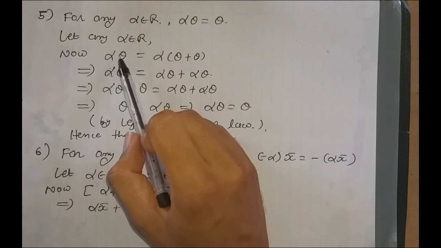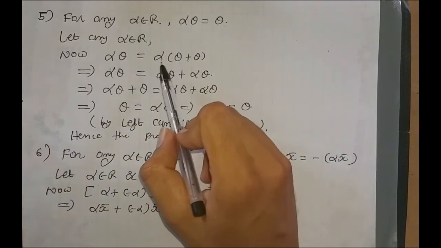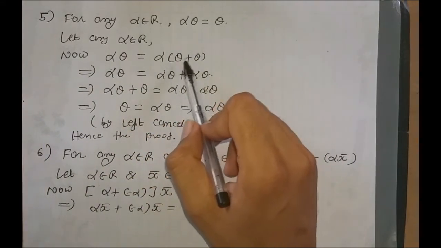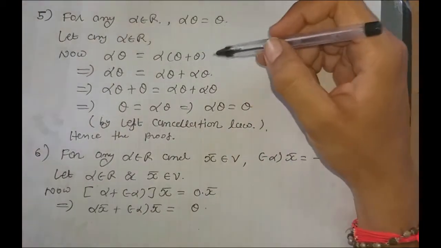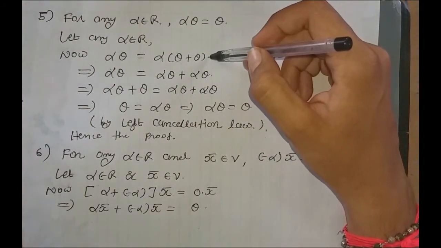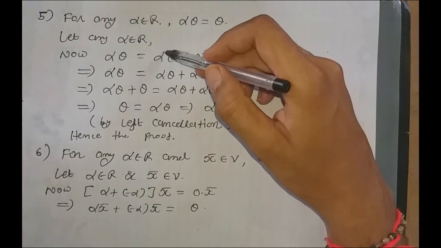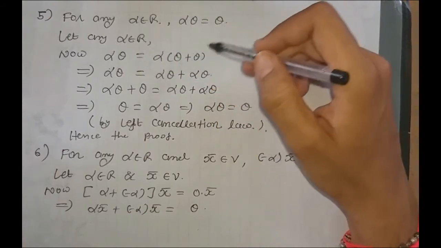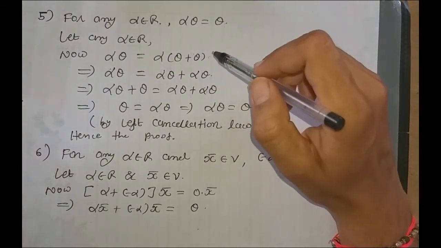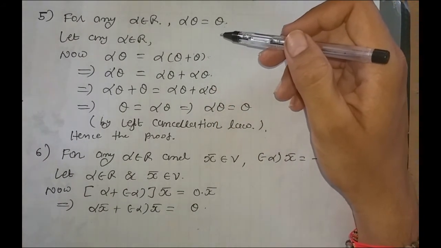Now alpha theta can be written as alpha (theta plus theta). Here we use the property of distributivity over vector addition, because these two are vectors and this is a scalar.